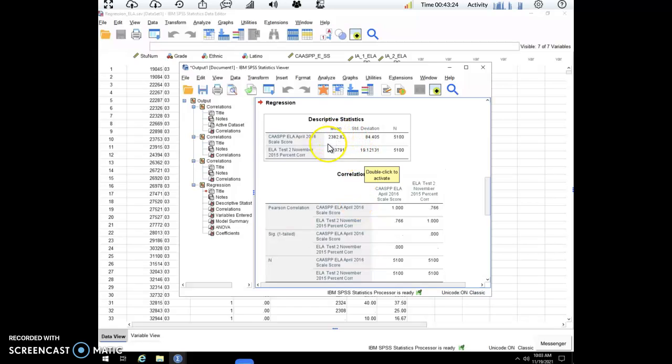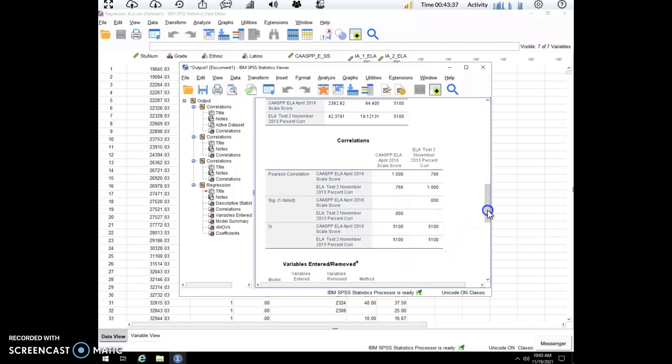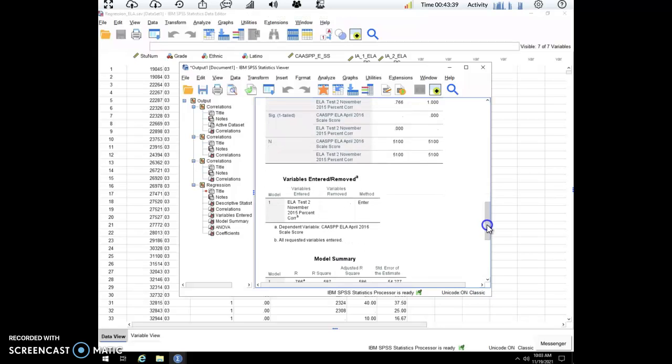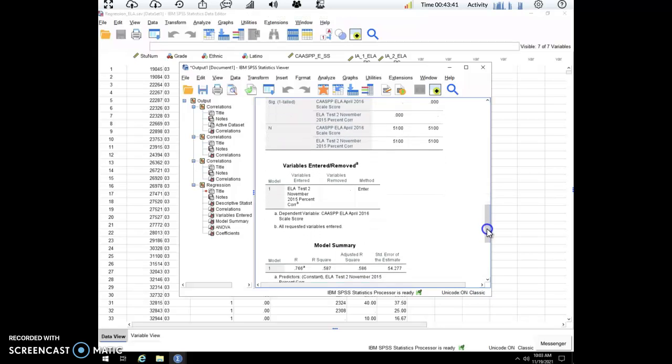So here you can see the mean and standard deviations listed. We have already calculated the R, or the correlation, but here it is again with the p-value. So we know it's statistically significant.